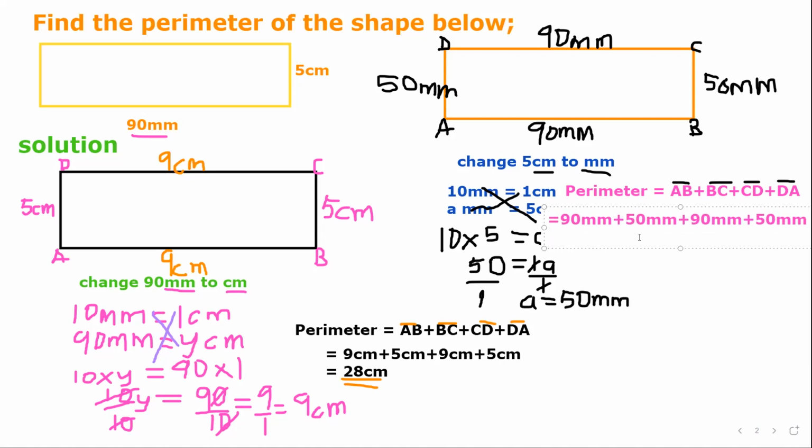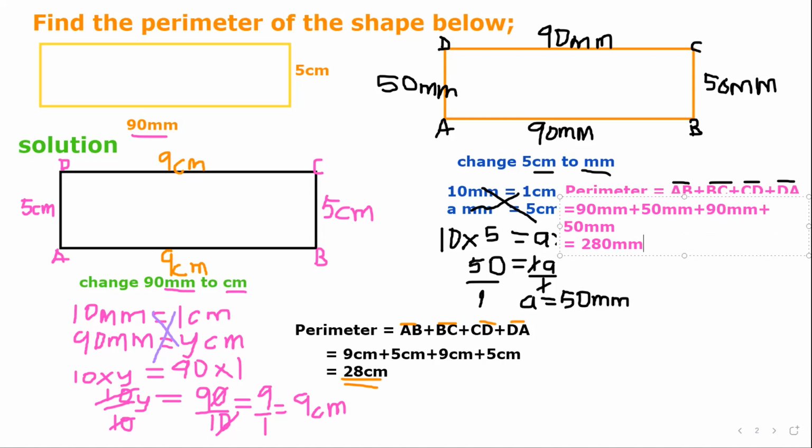Then when you put them together, the 90 plus 50 is 140. 140 times 2 will be what? 280, which will be equal to 280 millimeters. Okay, good. That will be the 280 millimeters.